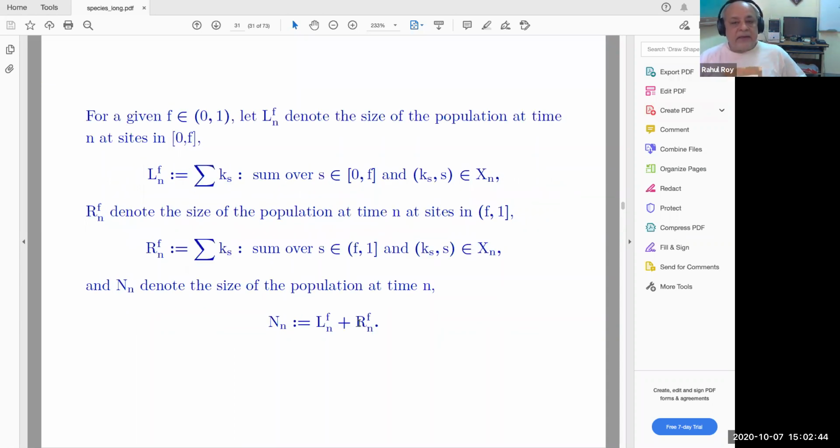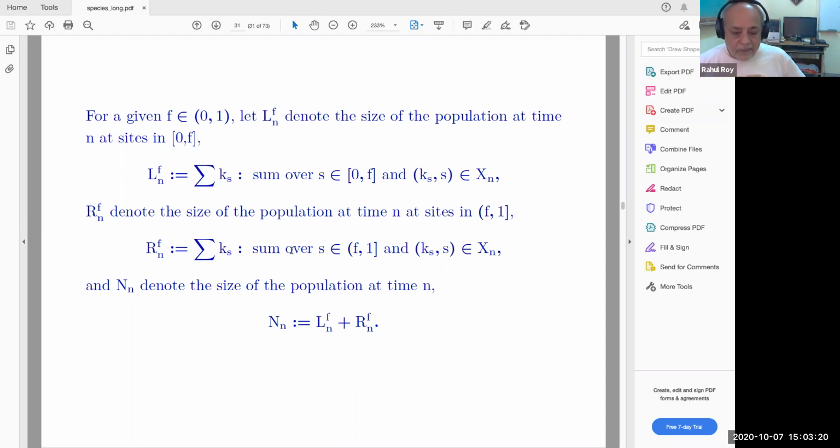And again, just like the original GMS model, for a given fitness F in (0,1), let L_n(F) denote the size of the population at time n at sites to the left of F, in other words, between 0 and F. Formally, it is the sum of K_s summed over all s in (0,F) with (K_s, s) in X_n. And R_n(F) is the size of the population at time n that lies to the right of F, in the interval (F,1).